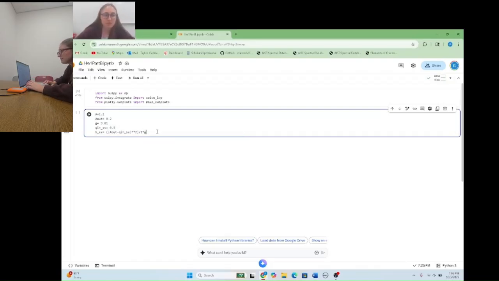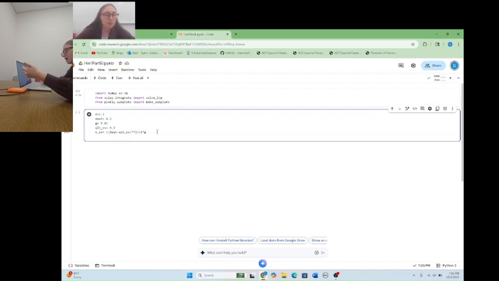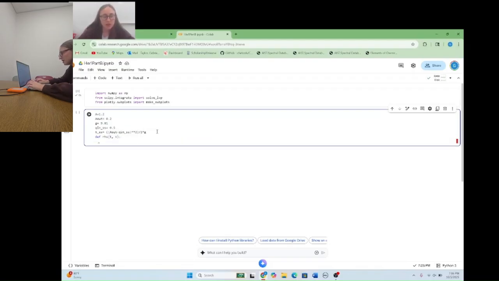Okay, and then after that, what we're going to do is define the right-hand side of the equation that we already derived. So we define the right-hand side function, taking time and then a vector, and then we're going to unpack that vector.